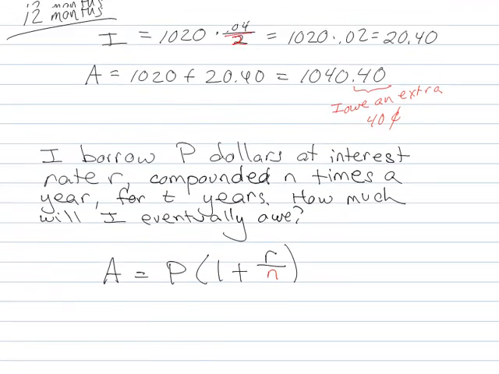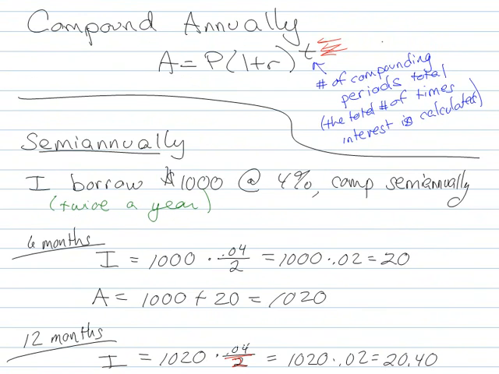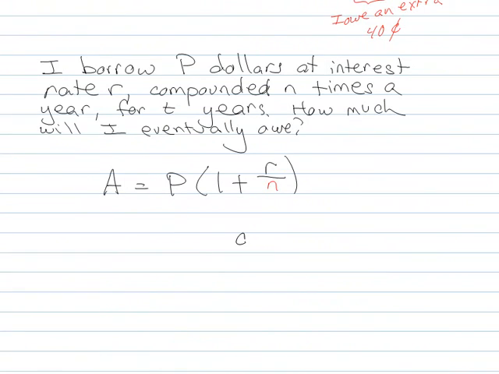But up in the top, we said that that's the total number of times that we calculate interest. Well, if we calculate twice a year for 3 years, we're really calculating interest 6 times. If we calculate 3 times a year for 2 years, we're really calculating it 6 times.